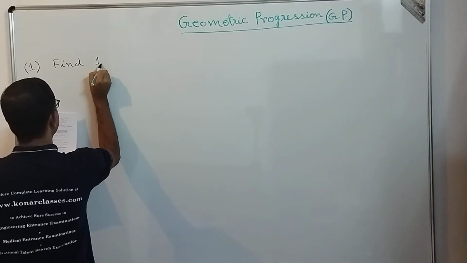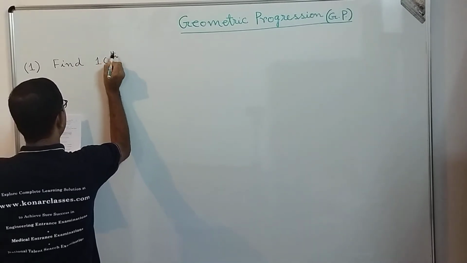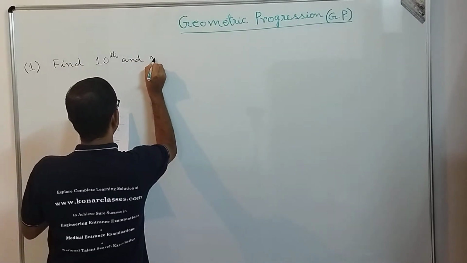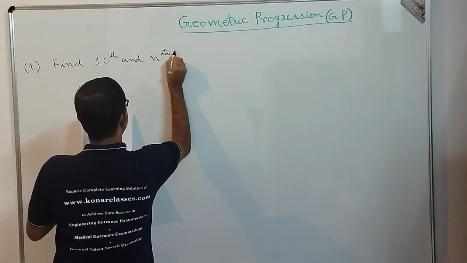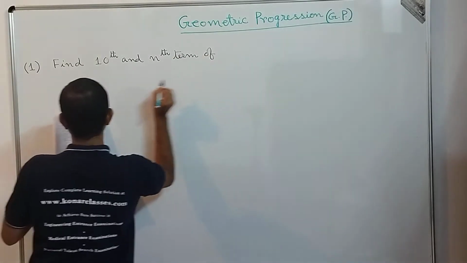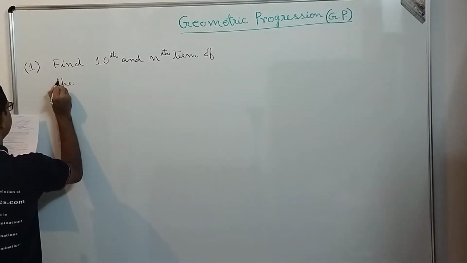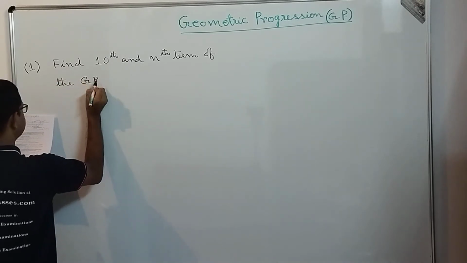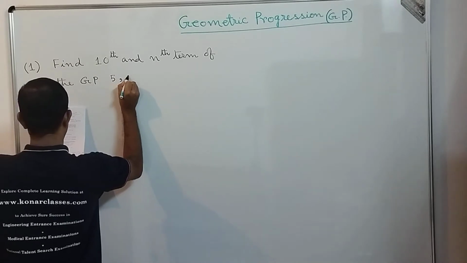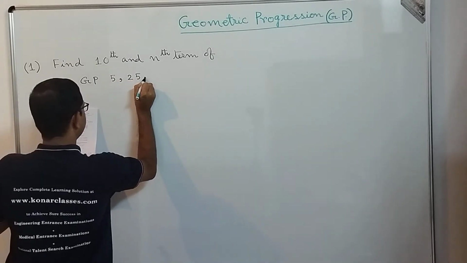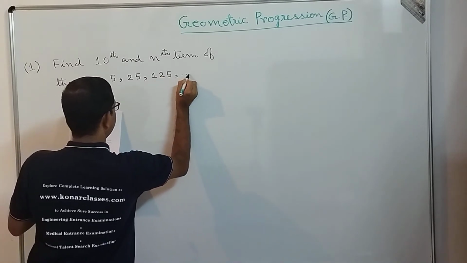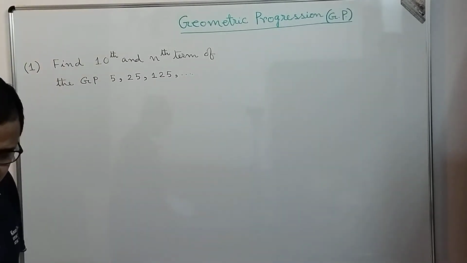GP means geometric progression. What is it? It is 5, 25, 125, and it continues.